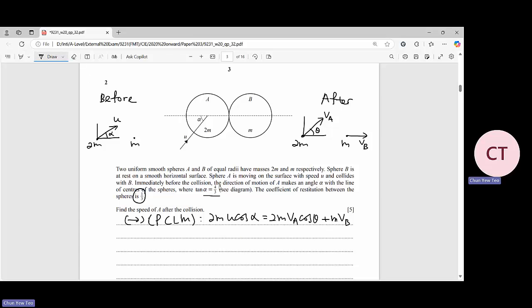But I forgot that they mentioned tan alpha is equal to 4/3, so I will build a small right angle triangle over here: 4 here, 3 here, then you will get a 5. From here, you cancel the m first. So you have 2VA cos theta plus VB is equal to 2u times 3/5, which gives 6/5 u. That will be your equation number 1.